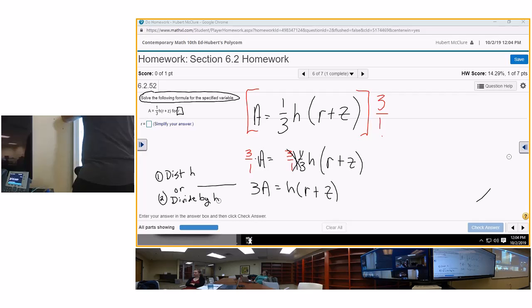I don't know if the homework or the test will take it, but I will take it either way. So I'm going to do both. Write that down over here because I'm fixing to erase it. Either distribute the H or divide by H.